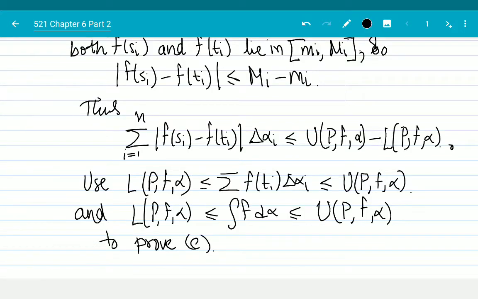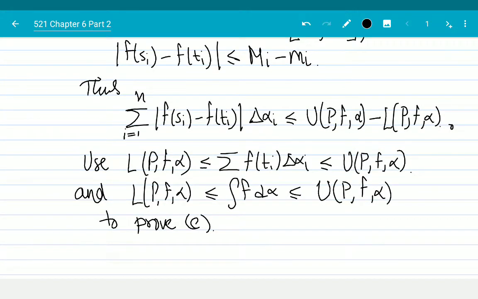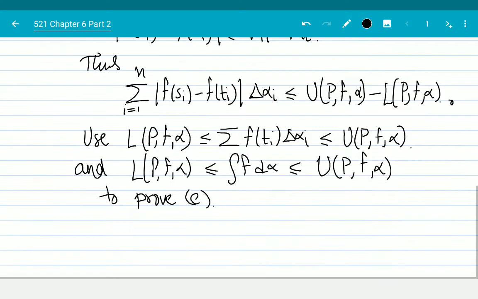We have shown that both of these are within epsilon range, so their differences are less than epsilon. Okay?